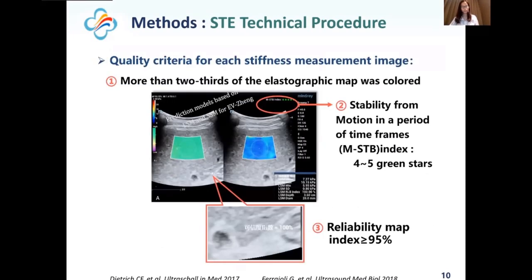For each stiffness measurement image, we took these quality criteria. First, more than 2/3 of the elastography map should be colored, and the stability index from motion over a period of time should be 4 to 5 green stars. Lastly, the reliability map index should be no less than 95%.